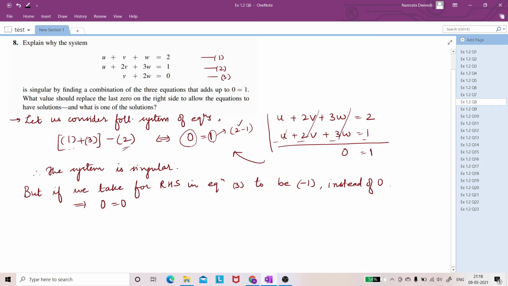This implies this system of equations has infinitely many solutions.